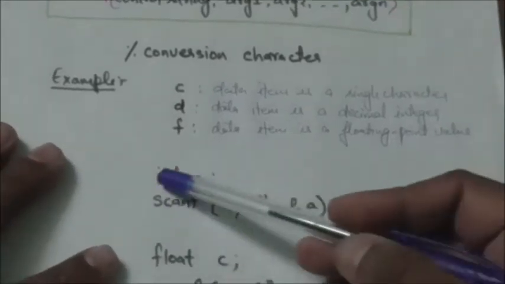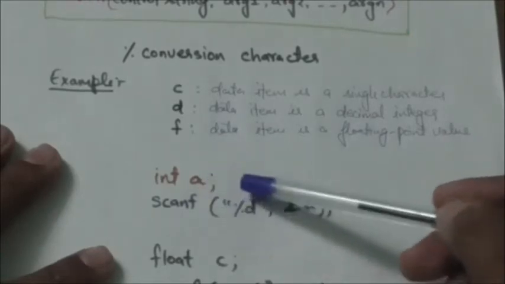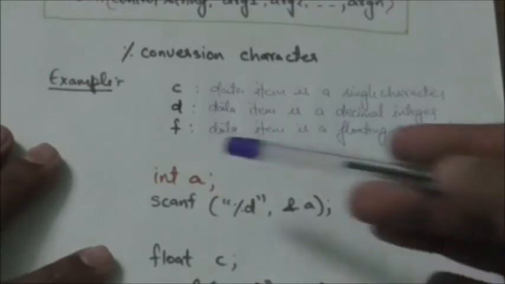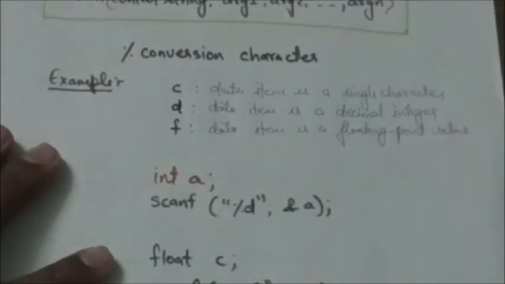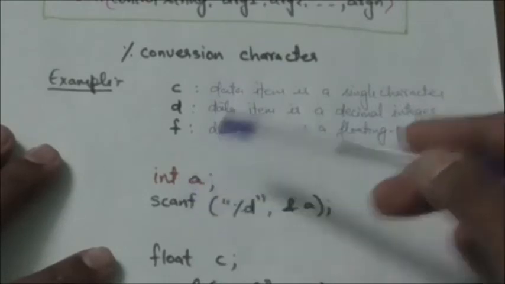See, here I have declared an integer variable a. Now what I want is that the user enters the value of this variable a through the input device, that is the keyboard, and whatever integer value is entered by the user through the keyboard must be stored in this variable a.